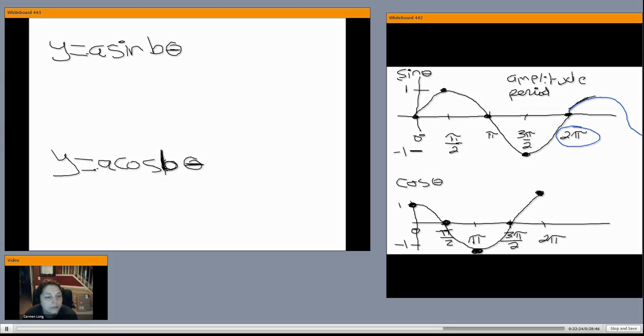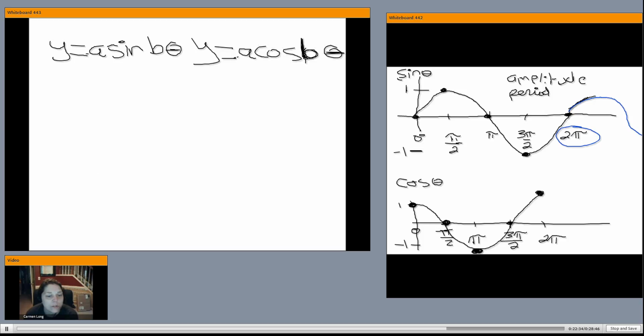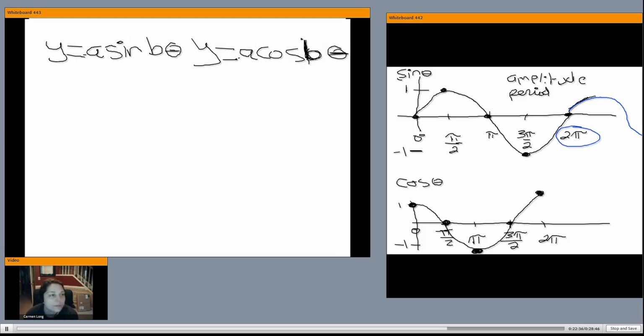Okay, so what are these numbers for? Let me scooch this up because it doesn't matter which one. I don't want to write it twice. All right, so for either of these, what I'm fixing to show you is true. The value of A tells you your amplitude.